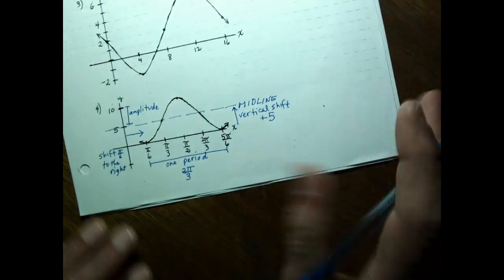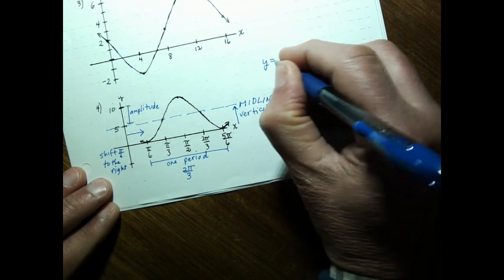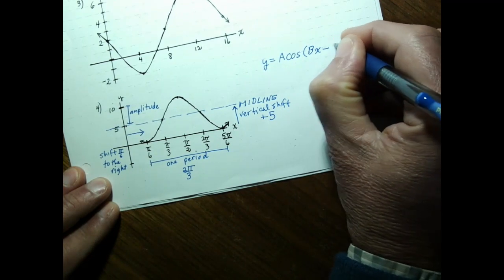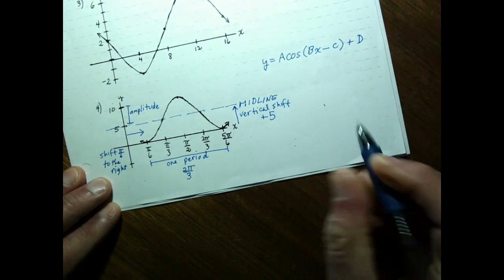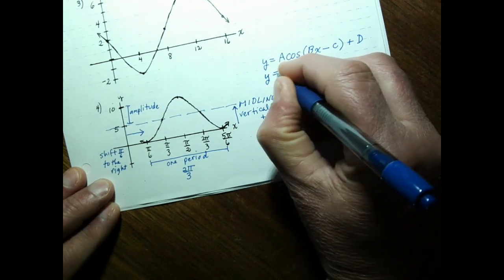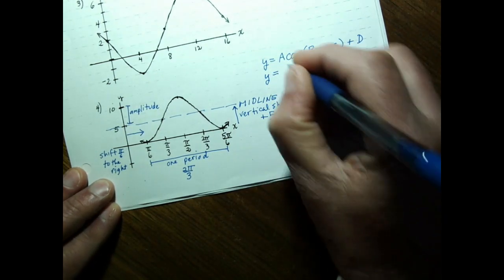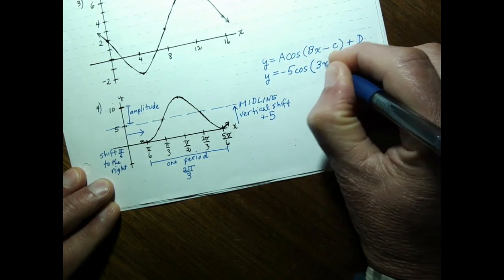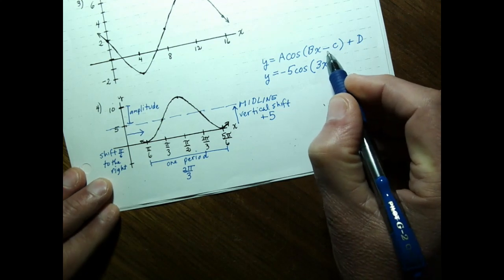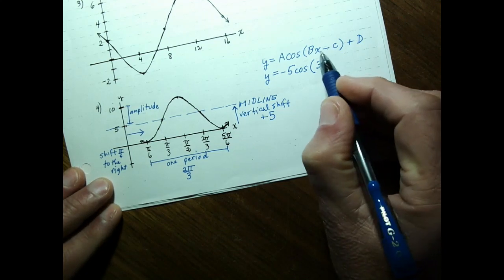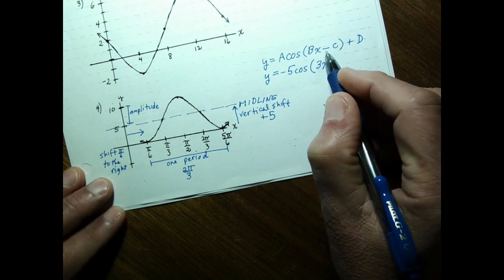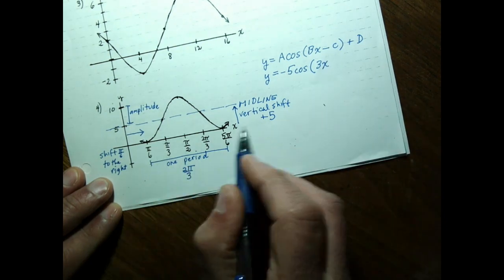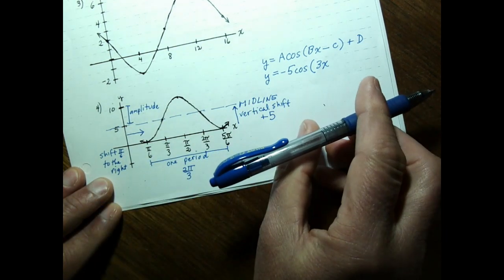Let's go ahead and plug in to y equals A cosine bx minus c plus d. And so y is equal to, A was minus 5, cosine, b is 3x. If you're at all confused about whether to use a plus or minus sign here, just remember in our final version of the answer, we want a minus sign if the phase shift was to the right.